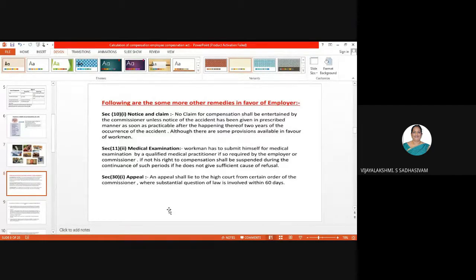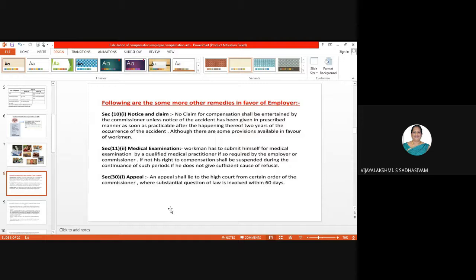So if an accident has occurred in a particular premises, a notice has to be intimated that an accident has occurred, and there is a manner which they have to prescribe. It is given by the relevant government, and within a practical time they have to give an intimation. They have taken 2 years from the occurrence of the accident, but still there are some provisions which are favoring the workman.